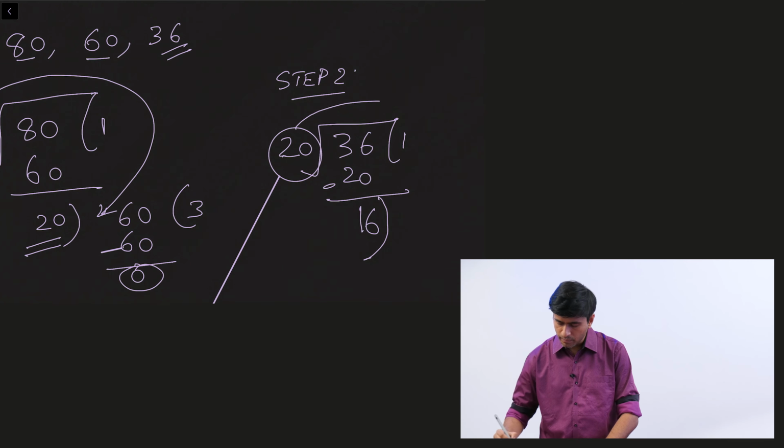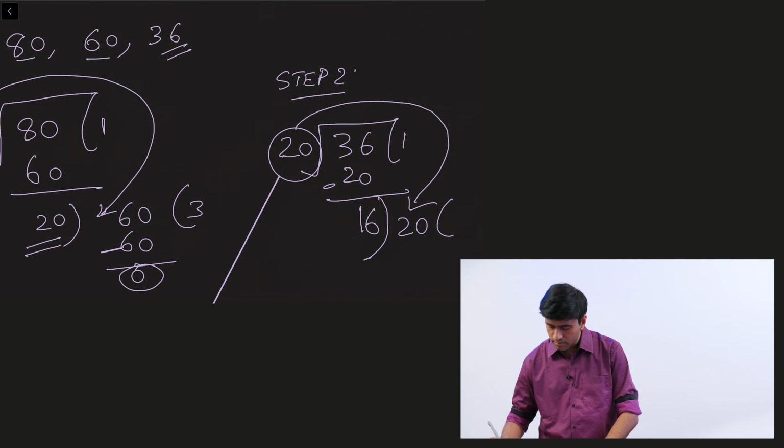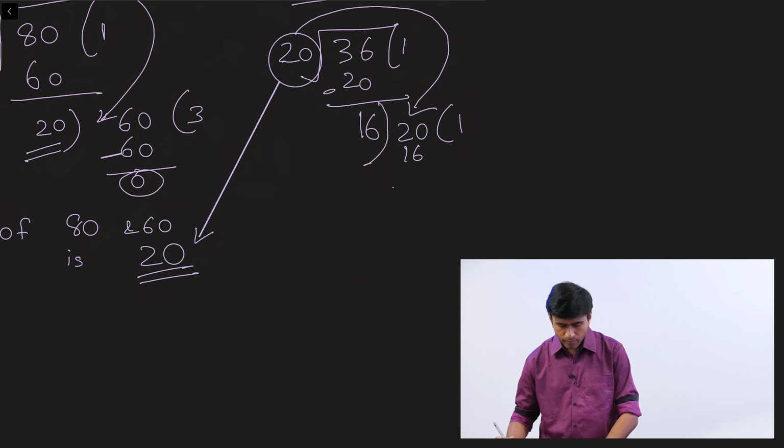The remainder becomes the divisor. The divisor becomes the dividend. 20 comes here. 1 times 16 is 16, minus, 4.